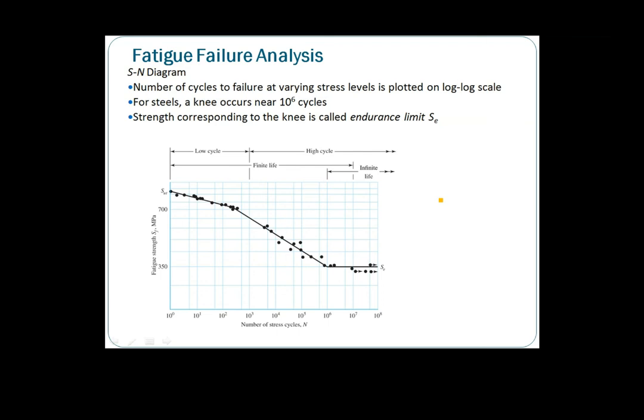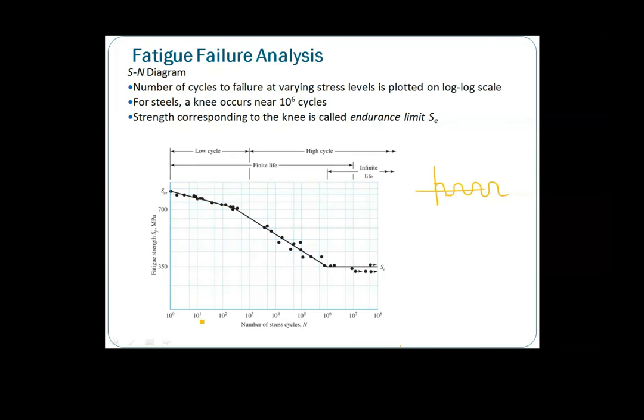This S-N diagram is basically plotted experimentally under completely reversed stress, at different stress levels. The material is subjected to a different stress level, and you see how many cycles this material can sustain, for example 10 to the power of 1, 10 to the power of 2.